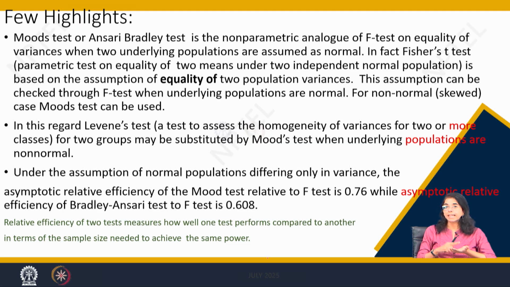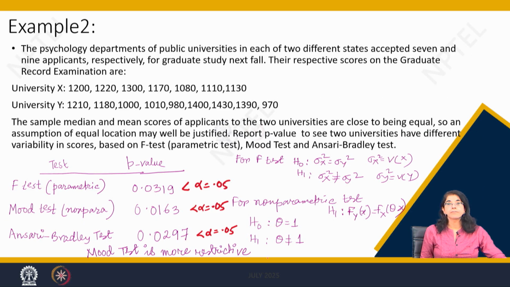But remember, that is when you know the distributions are normal. Then the relative efficiency of mood test is 0.76, it is bigger, and Bradley-Ansari test is 0.608. But in case your populations are not normal, then Bradley-Ansari test will be more efficient. Okay. So that's the part.